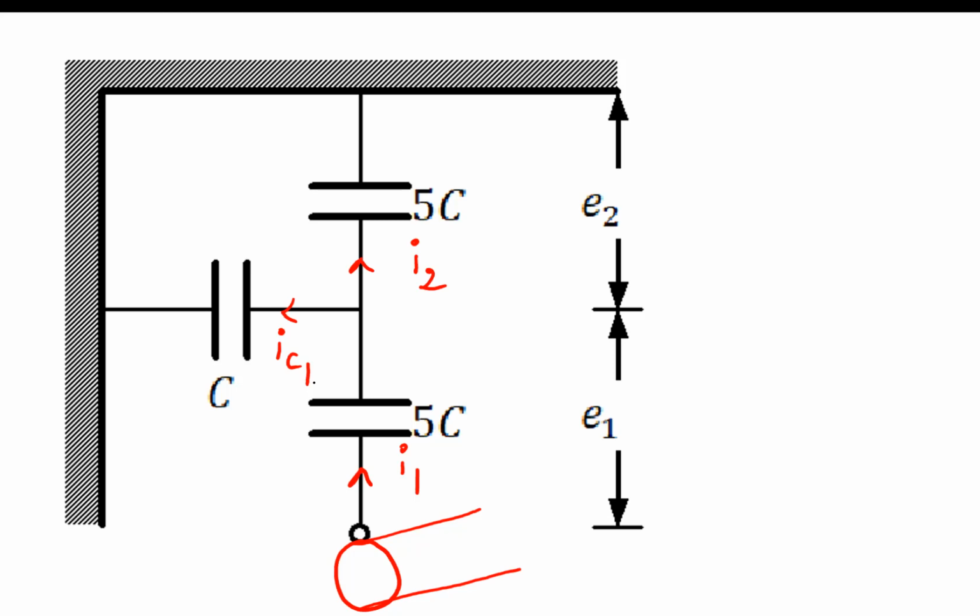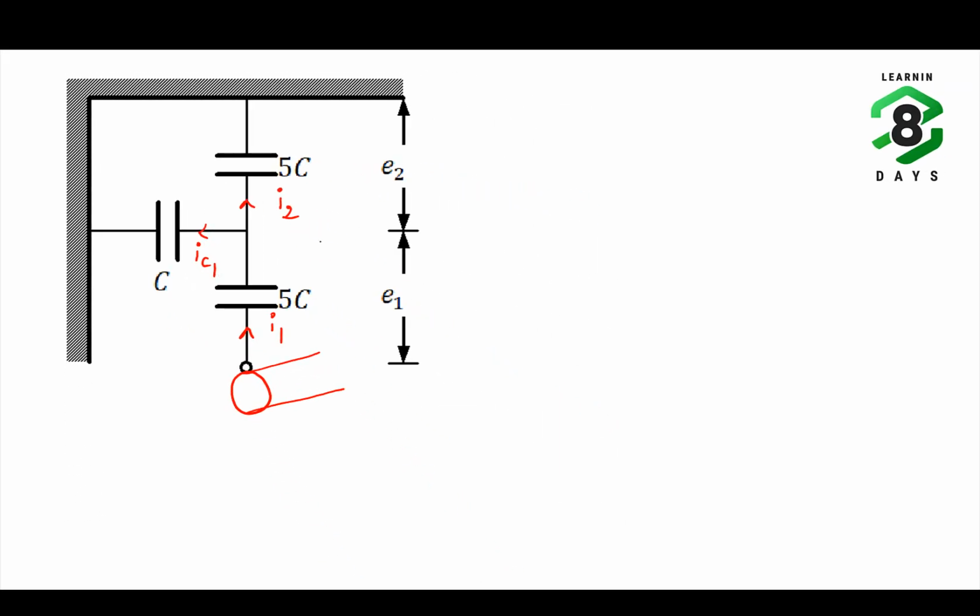Now by KCL at the node, we have I1 equals, so I1 we can write as E1 divided by the impedance of the 5C capacitance, 1 divided by j omega 5C.